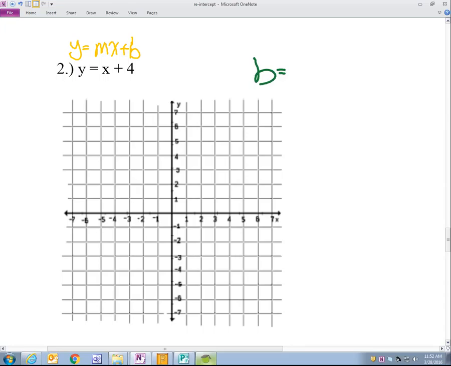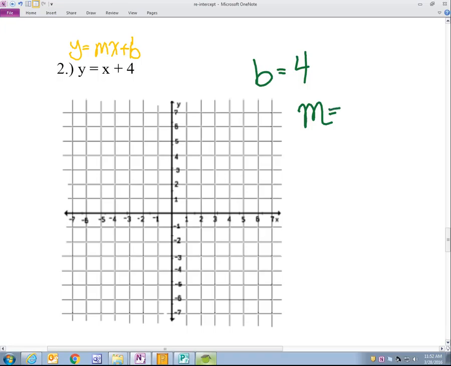Kennedy, what's my y-intercept? The number that's chilling by itself. Yep, 4. My y-intercept is 4.